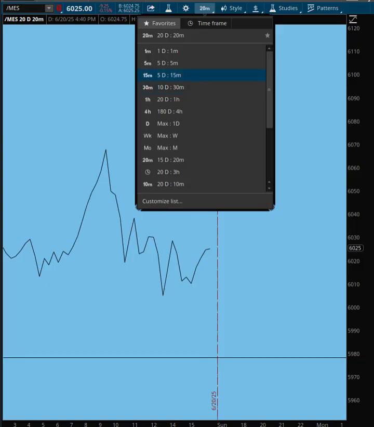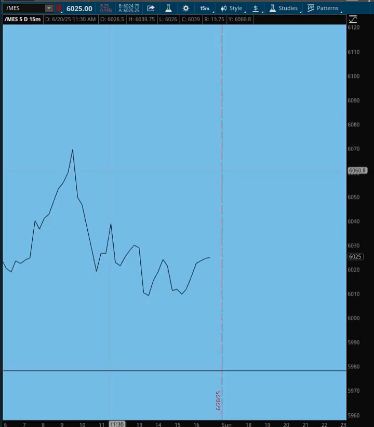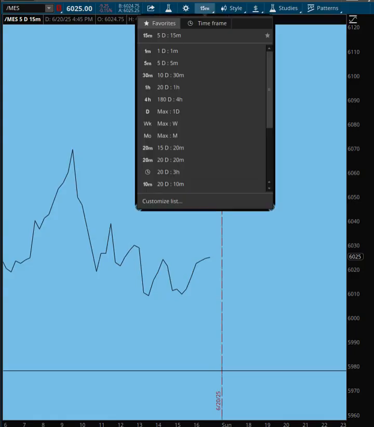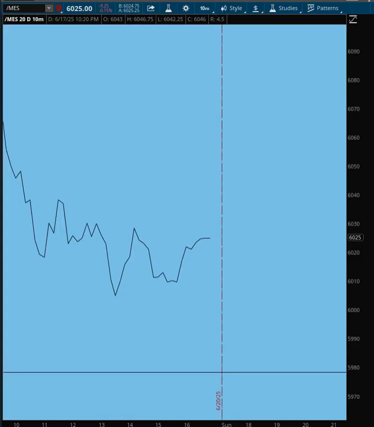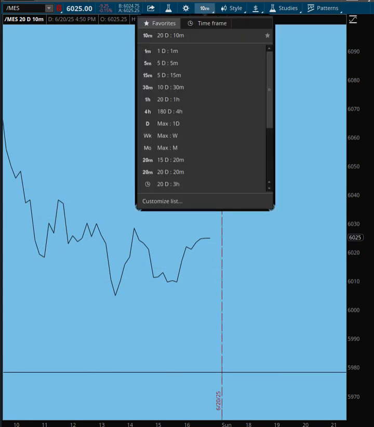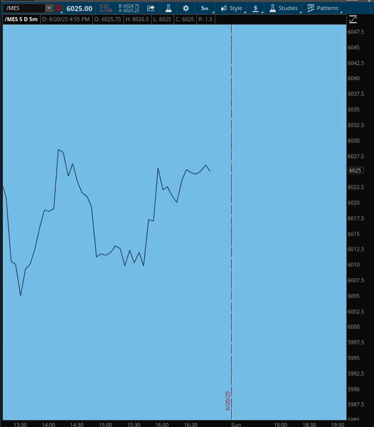Move down to the 15-minute time frame. Kind of chaotic there. I would stand aside on that one. Move down to the 10-minute time frame. We don't have too much there. You can move down to the 5-minute time frame. We have chaos there. Not too much we can do.